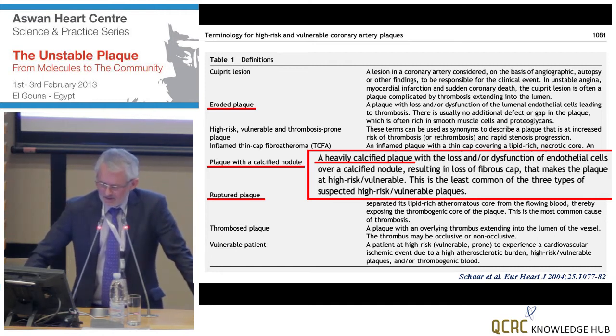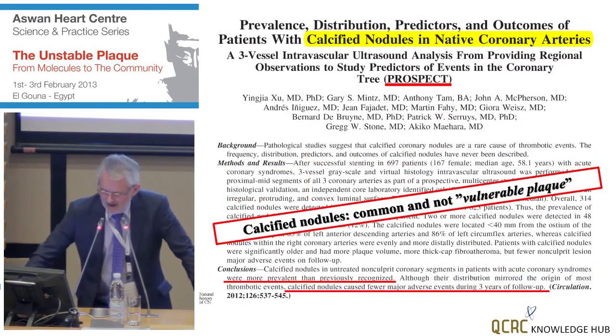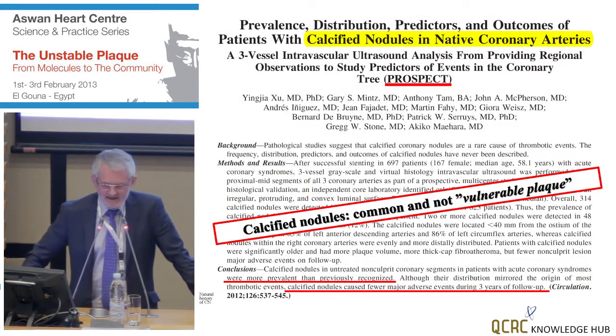First, focus on plaque with calcified nodule. It's a heavily calcified plaque, at that time assumed to be at high risk of progression to thrombosis. In fact, last year, the natural history of calcified nodules was described based on the PROSPECT trial. In the PROSPECT trial, coronary lesions were followed by intracoronary imaging, including intravascular ultrasound.